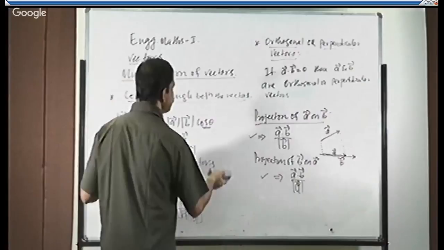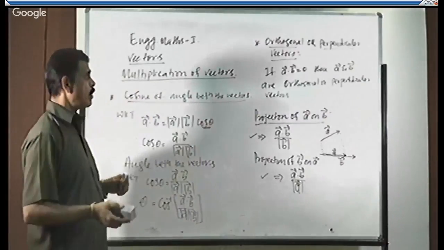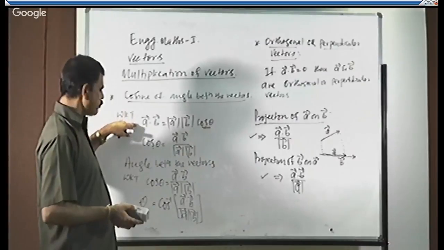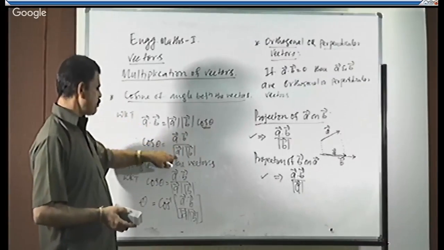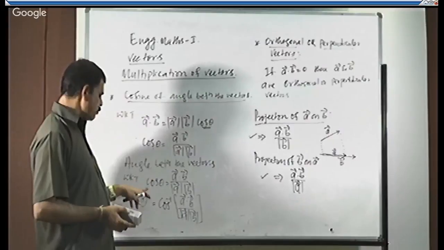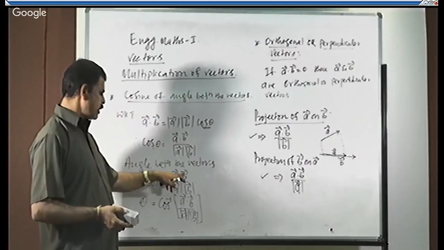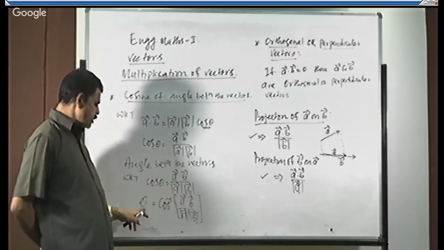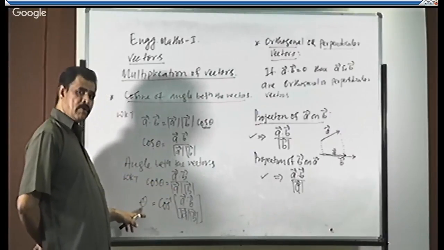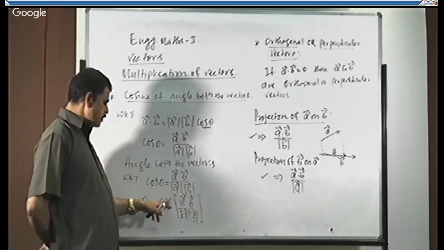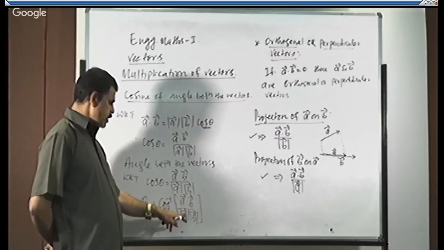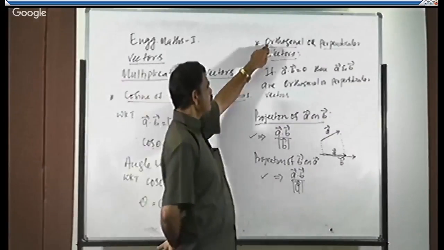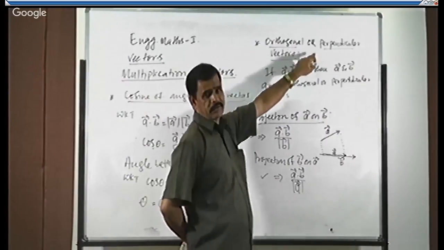Right? These are some of the properties of the dot product. One is the cosine of the angle between the vectors: cos theta is A dot B divided by magnitude A, magnitude B. With that, I can write theta is equal to cos inverse of A dot B by magnitude A, magnitude B. Orthogonal vectors are perpendicular vectors.